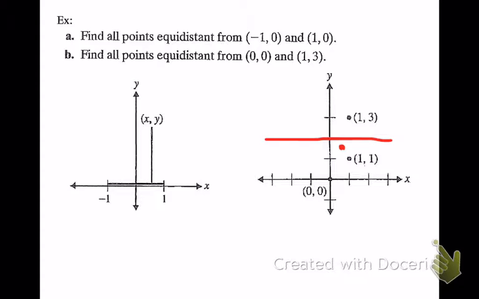No, you're doing the ones equidistant from 0, 0 and 1, 3. This is 2 from that line, and this is 1. If I picked this point right here, it would be 2 up, 1 over, 3 from 0, 0, and 1 from 1, 3. So that doesn't work.